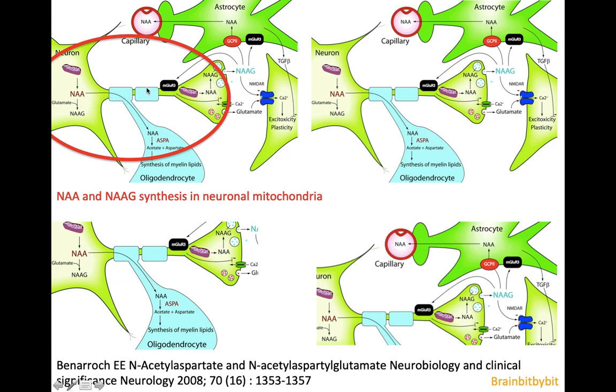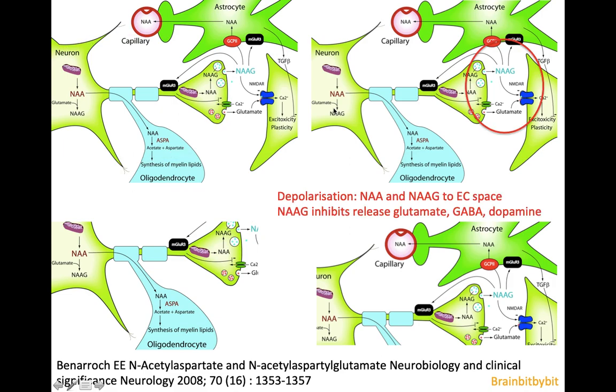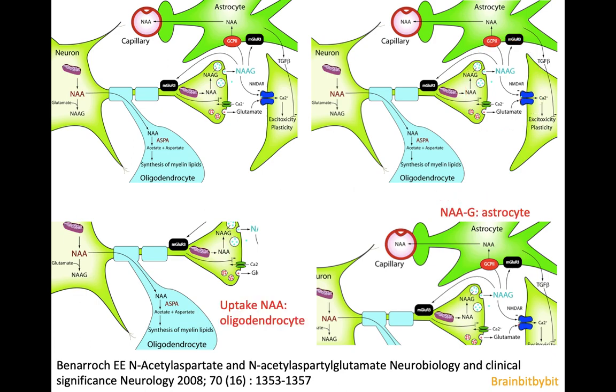This gets transported in the axon, and when there is an electrical signal and depolarization of the neuron, there's also efflux of NAA and NAAG to the extracellular space. NAA glutamate binds to the glutamate receptor and inhibits the release of glutamate and also of other neurotransmitters such as GABA and dopamine. The NAA and NAAG are taken up from the extracellular space by oligodendrocytes and astrocytes, respectively.